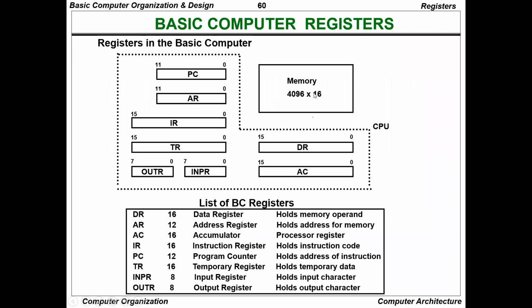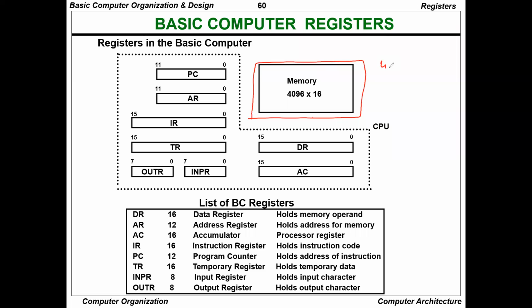Can we move even further? So there is the set of all the registers that we have. This particular slide is very important because it shows how many registers we are going to deal with in the basic computer. And how do we reach this conclusion? Because of the example given on the right hand side, which tells you the size of the memory.